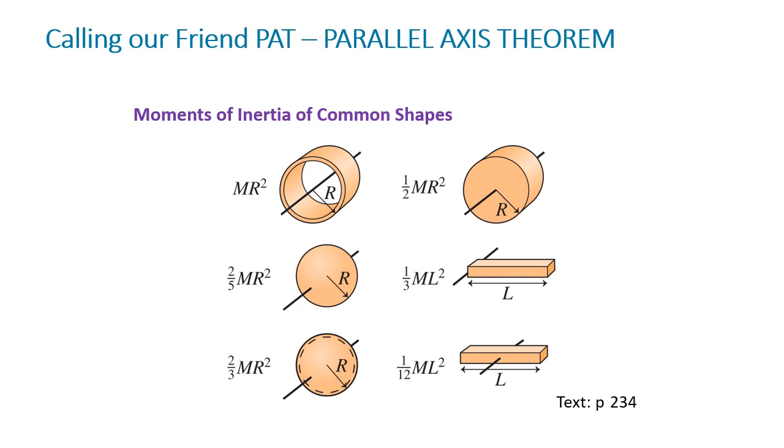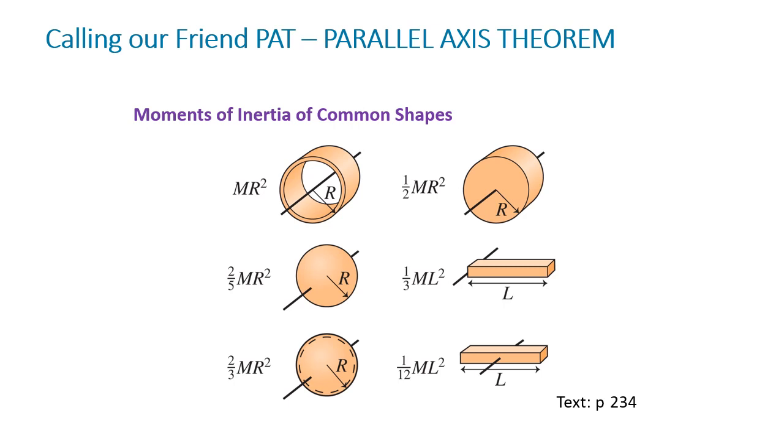Pat is how we refer to the parallel axis theorem. And the parallel axis theorem basically says, okay, I've got this object and it's rolling, which means that it's rotating on an axis that is not what we would call our derived axis, I sub d, or our center of mass axis, I sub m. Those are one and the same.